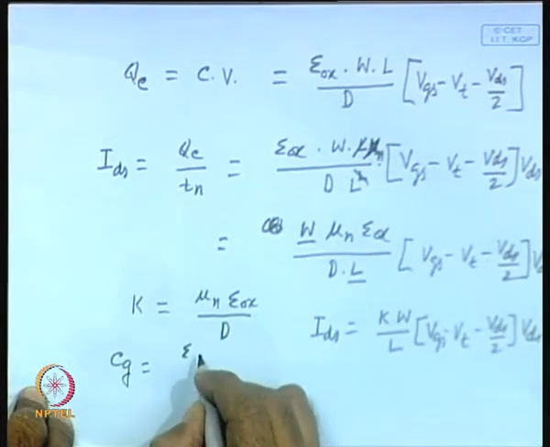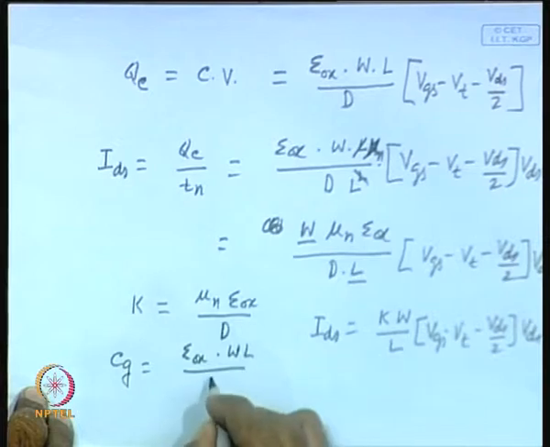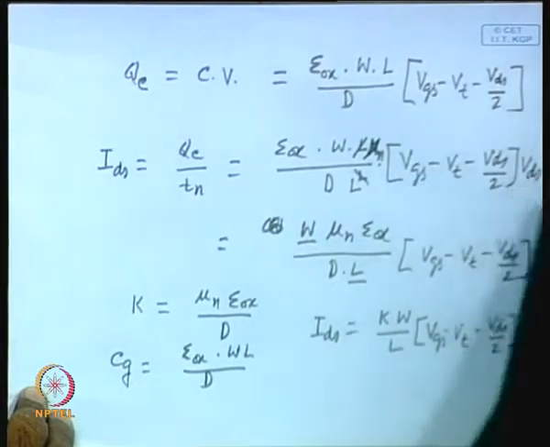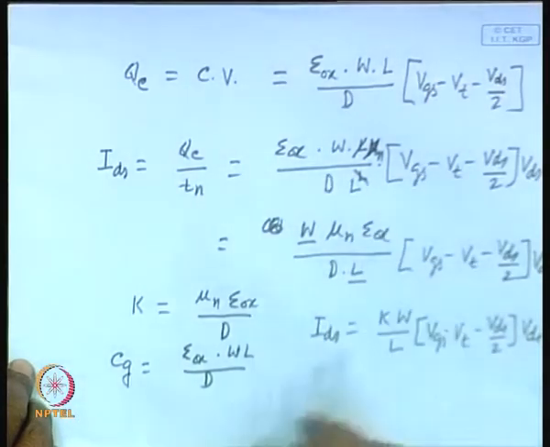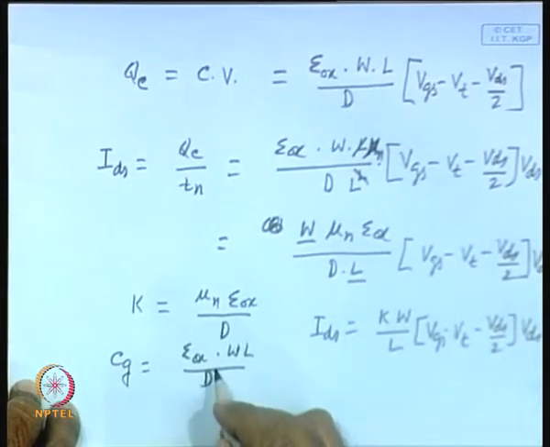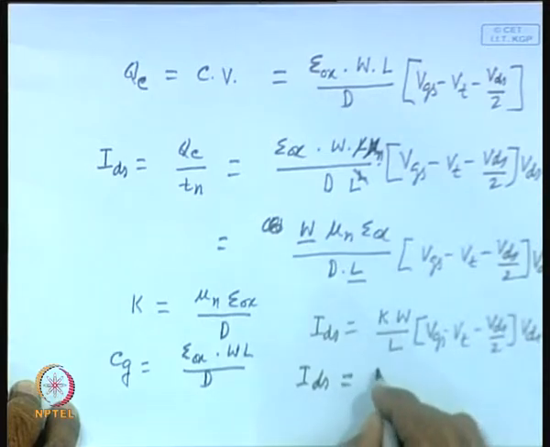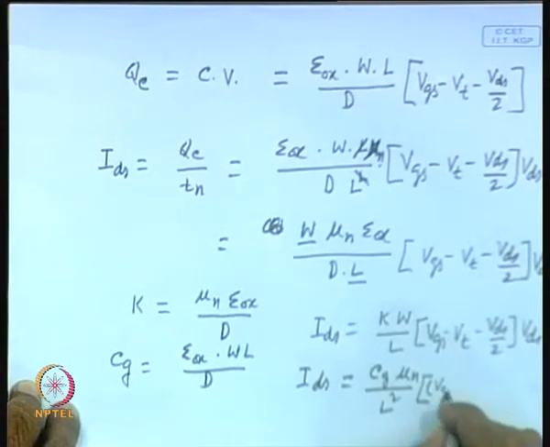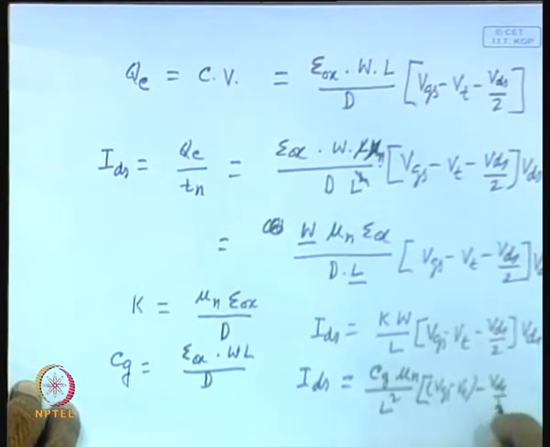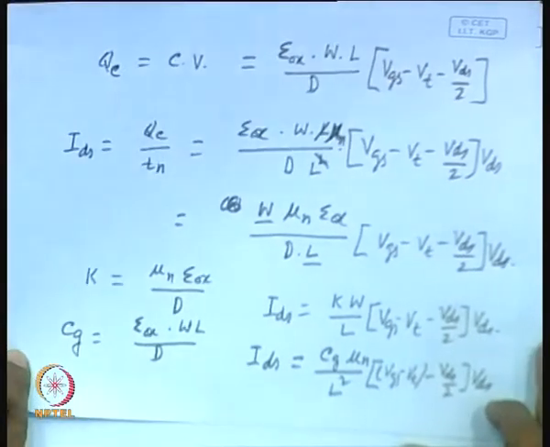C G is equal to epsilon O x into W L by D, that we have already seen, that is the capacitance, epsilon A by D, where A is equal to W times L. So, we can also express I d s in terms of this capacitance, C G. I d s is equal to C G mu n by L square into (V G S minus V T minus V D S by 2) into V D S. Okay.